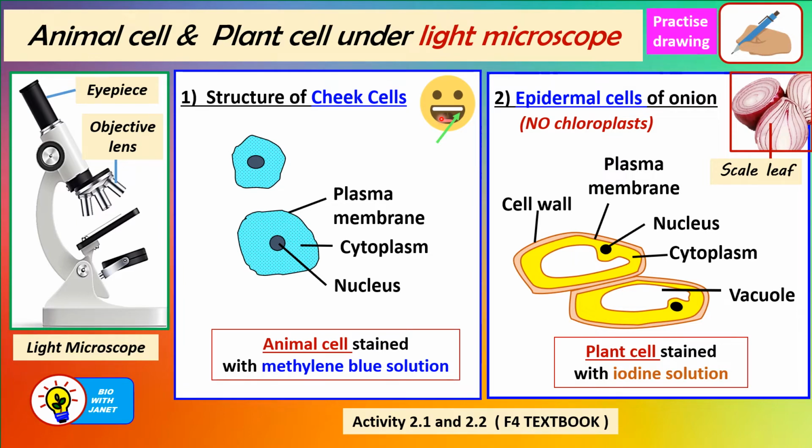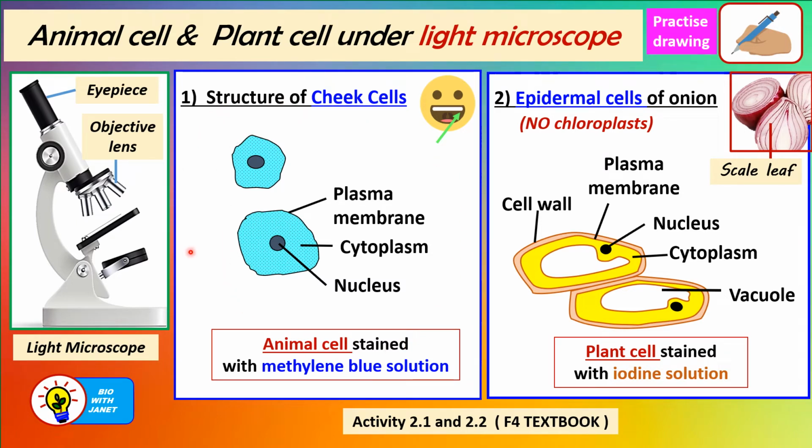But once you have scraped the cheek with the toothpick, the cells are already there. So place the cells in a drop of water on a clean glass slide and cover with the cover slip, and then stain the cheek cells with methylene blue solution using a technique called the irrigation technique, which your teacher will teach you. And then examine the cheek cells under the light microscope, and this is the result of our observation.